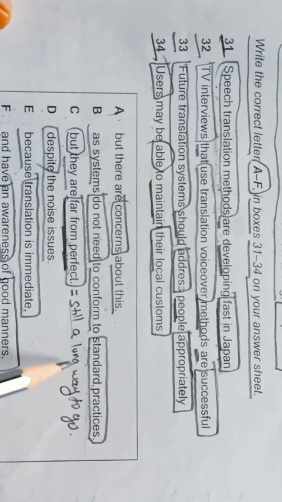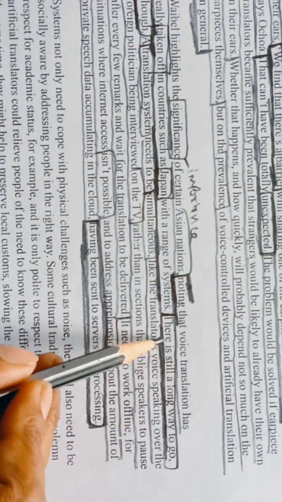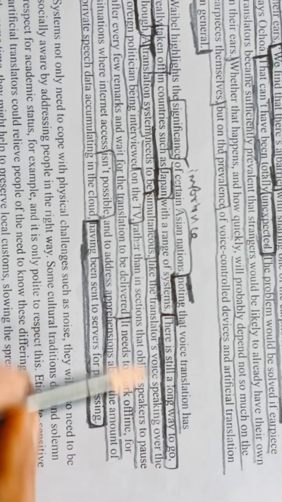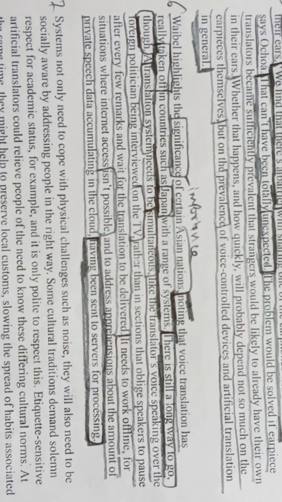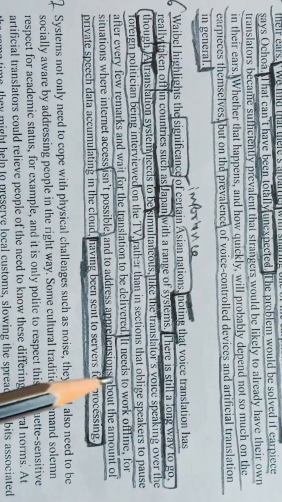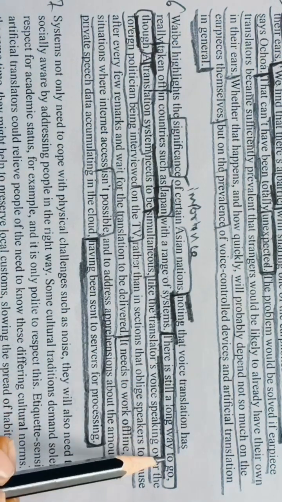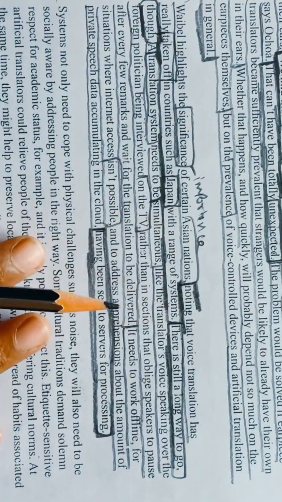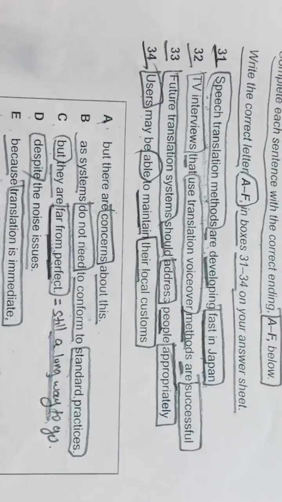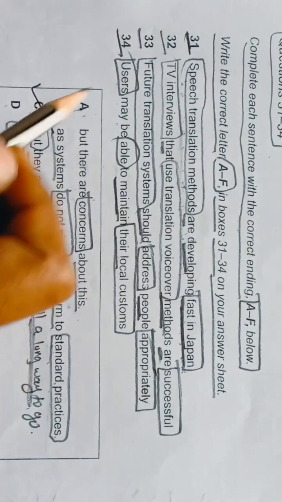Okay, we have seen these lines here. There is still a long way to go though. I hope you understood this. They are talking about Japan. So we are getting our answer.